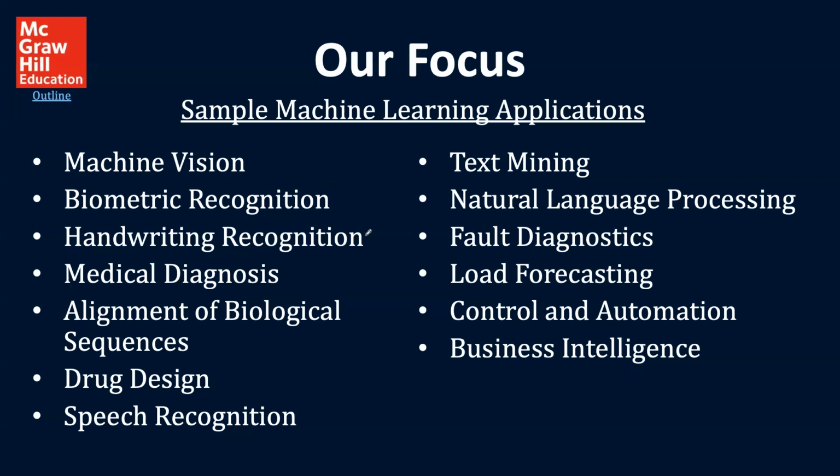Handwriting recognition: determining what an individual writes down, whether it be an envelope being sent in the mail or a handwritten letter, all of that would fall into that category. Medical diagnosis can be an augmentation for physicians.